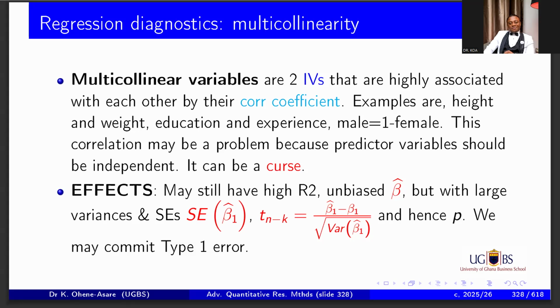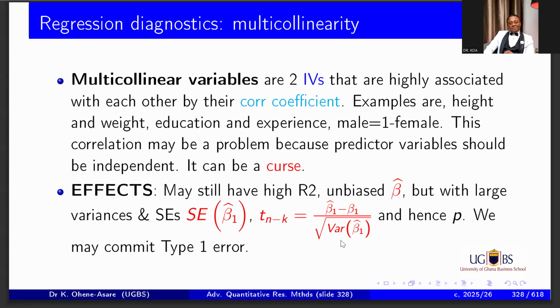The variances can be big because the standard errors can be big. And if you look at the way to get the T statistic, it is obtained by the beta 1 cap minus the beta 1, that is the estimated beta minus the true beta, divided by the square root of the variance, which is the standard error.